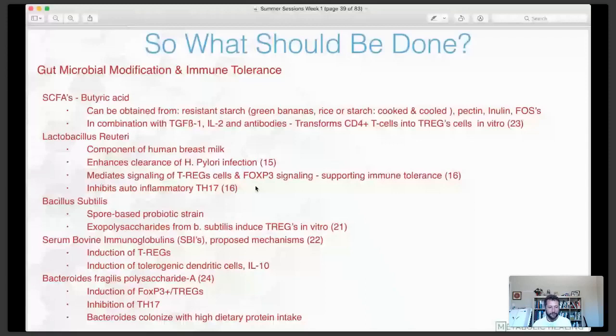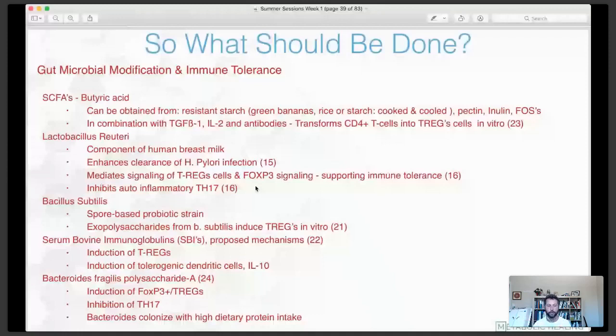So SCFAs, so we get this from fiber, right? And especially from resistant starch. You can use the prebiotics, inulin and FOSs. Microbiome Labs has a good prebiotic that's out right now that's not even derived from that. It's derived from other sources of oligosaccharides. So SCFAs.